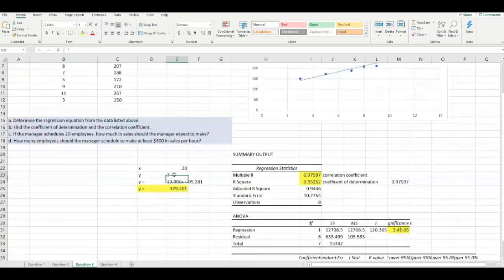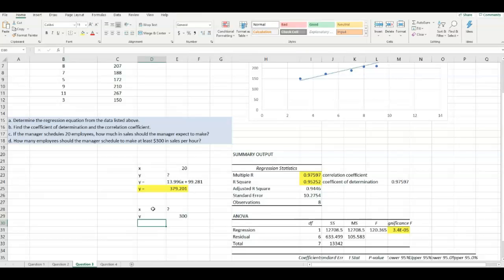So instead of solving for your y, in this case, you're going to solve for your x. So it's a little bit trickier, right? So we don't know our x. Our x is our number of employees. Our y is our $300 because we want to make $300 in sales this hour.